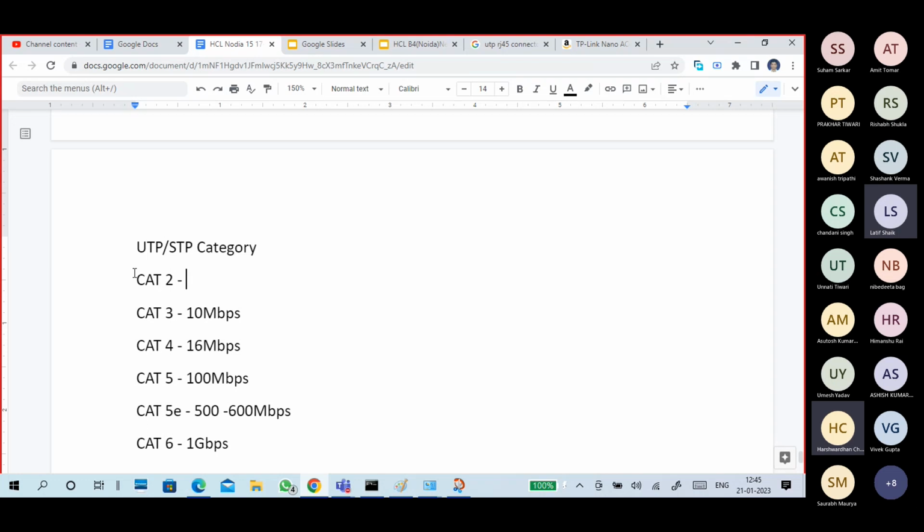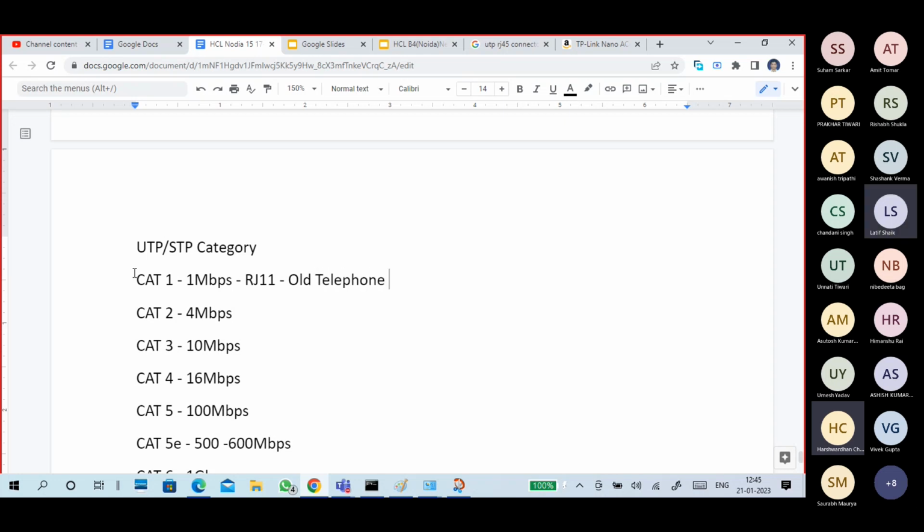Cat 2 supports only 4 Mbps. Cat 1 supports, some people say, 1 Mbps. Still there is a doubt, because it is an RJ11 type of connector, not an RJ45 connector. All the others are RJ45, but that is an RJ11 connector.